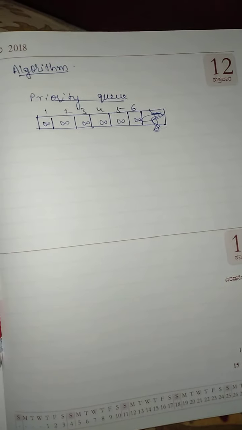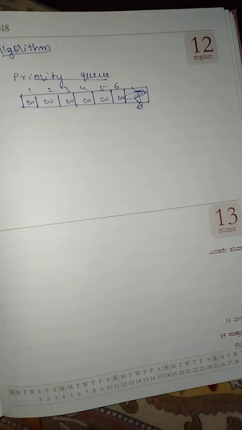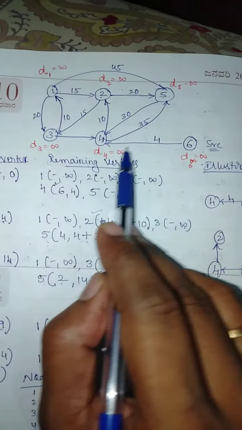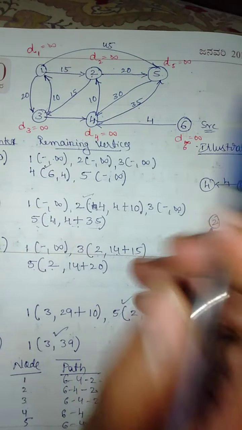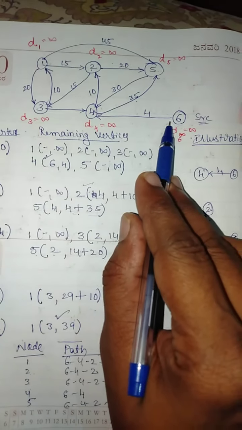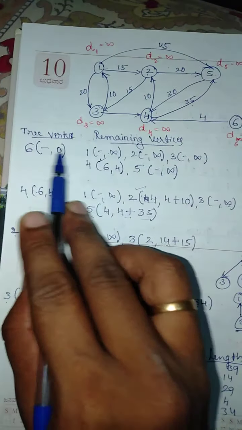After initializing the priority queue like this, and initially making all the distances from the source vertex infinity, the first thing that we should consider is the source node, the tree vertex.